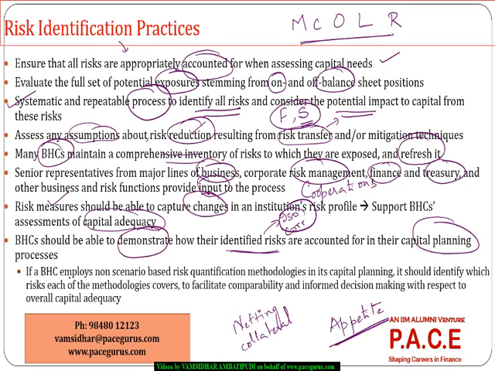So a simple way to look at it: let's say a quantification methodology is being adopted by a BHC. So let's say this is a closed form formula and it's not scenario based.